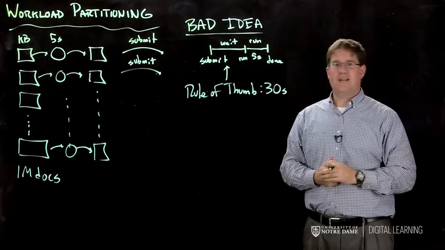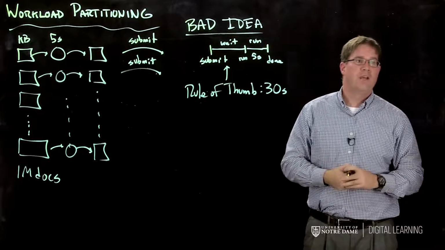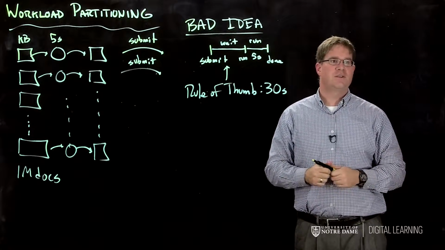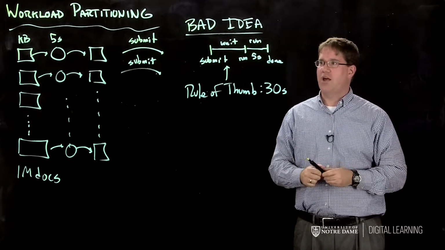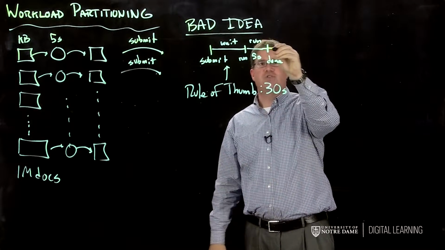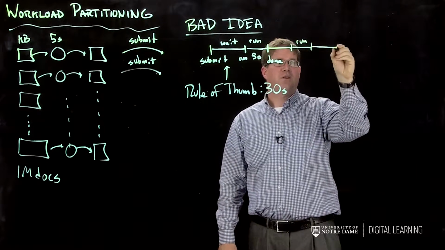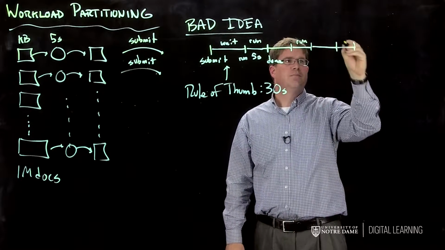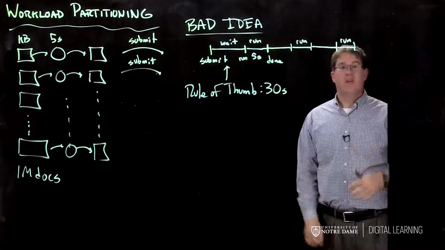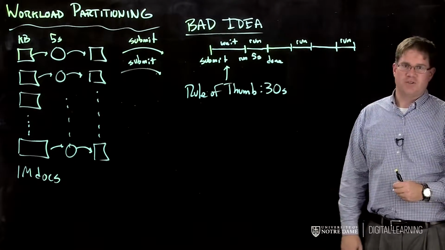Now, what's going to happen then if it takes 30 seconds just to get your job started, and then it takes 5 seconds in order for it to actually run? Well, we're going to have some wait time and then some run time. And then that same machine is going to have to wait for a little while and then run another job. And then wait for a little while and then run another job. So if it takes 30 seconds to start a job, what's the efficiency of the cluster going to be?